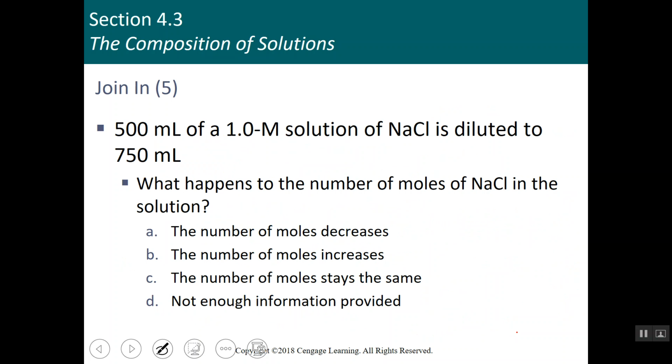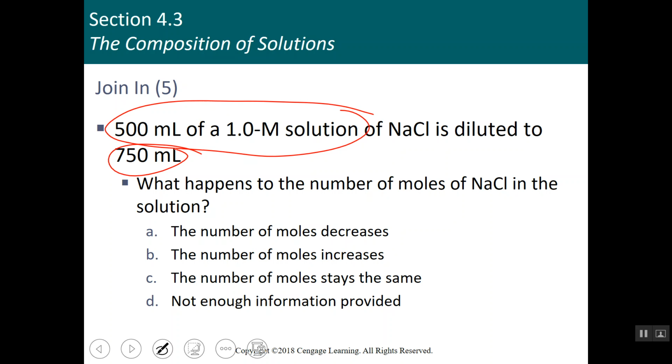And this should be the last slide in here. Yep, it is. So 500 milliliters of 1 molar solution is diluted to 750 mils. So I have this solution right here, this solution right here, and all I did was dilute it to 750 mils. So what happens to the number of moles? So I haven't changed the number of guys in it.